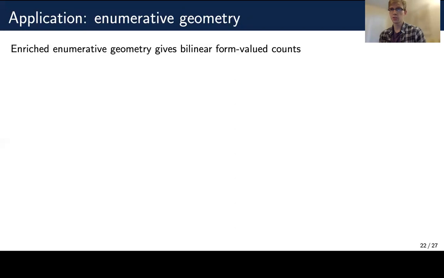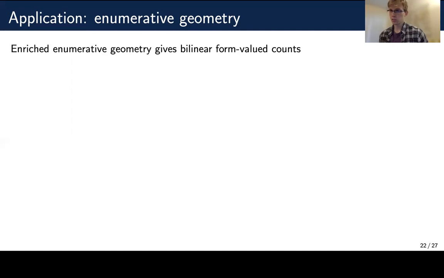And finally, another class of applications of the A1 degree are in enumerative geometry. So the enriched enumerative geometry program is an active area right now. Classically, enumerative geometry looks at algebraic varieties over algebraically closed fields and counts them in some sense using integers. Enriched enumerative geometry works over more general fields and gives bilinear form-valued counts.